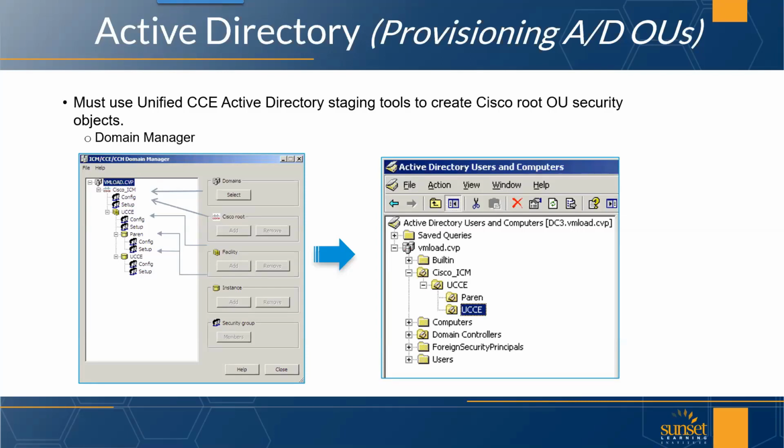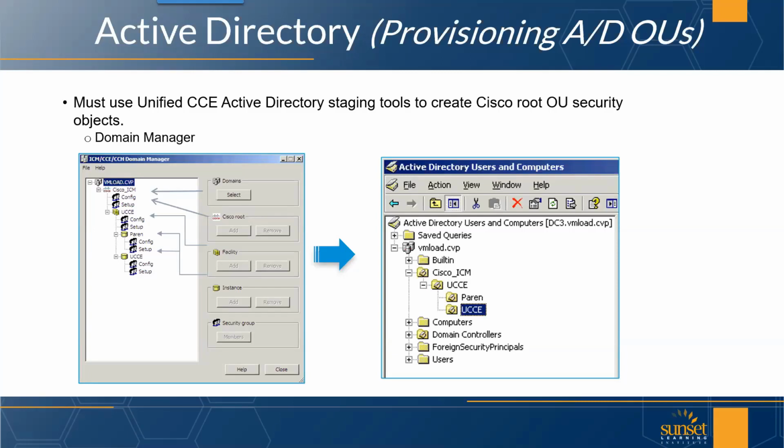There is also the administrator created OUs. An administrator can create certain Active Directory OUs, and a best example of that is an OU container for unified CCE servers. That's manually added, and it contains the VMs that are members of that domain. You move those virtual machines into that organizational unit once they are joined to the domain.